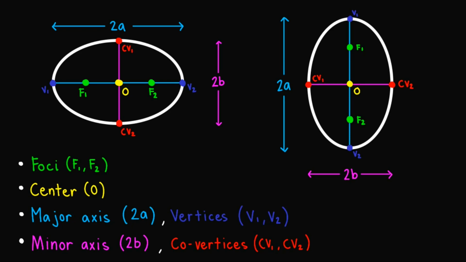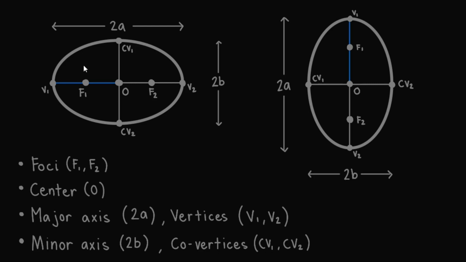And so these are the basic parts of an ellipse. If we want to be more specific, take note that this part out here, the half of the major axis, we actually also have a term for that. This is called the semi-major axis, and its length is represented by half of 2a, so we have a.